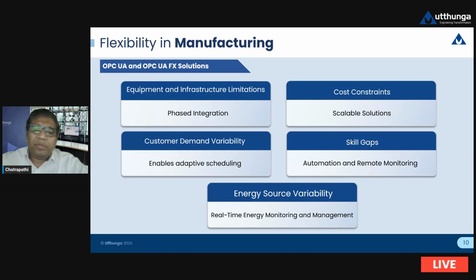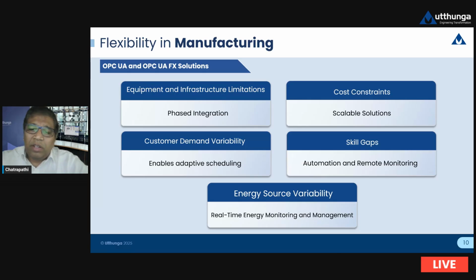So related to skill gaps, again, OPC UA and UA FX supports different features by providing rich information. These features such as remote process monitoring, condition monitoring, remote diagnostics, even to the device level.